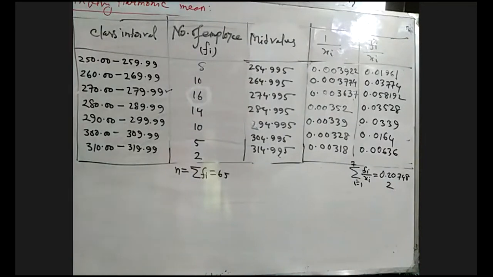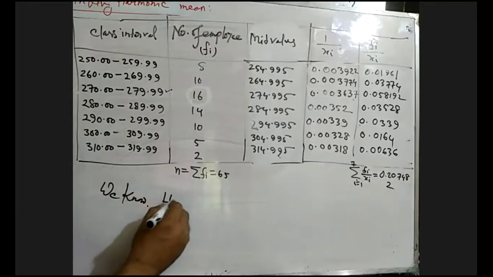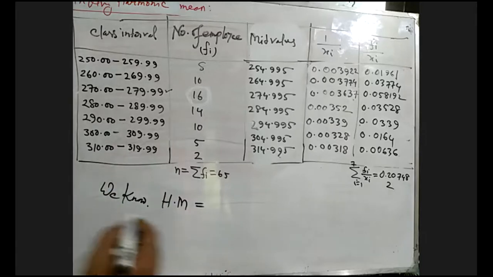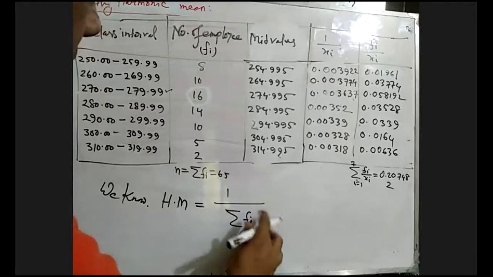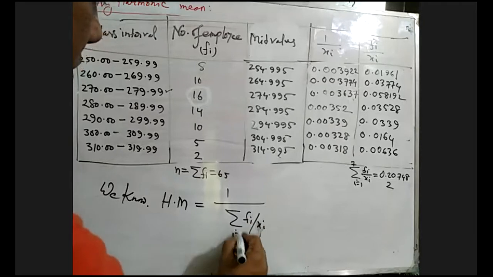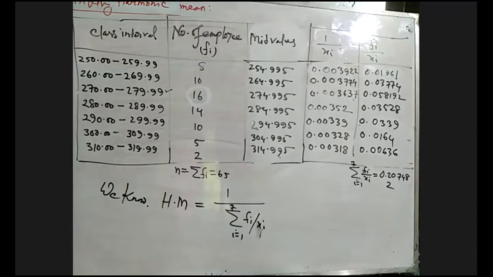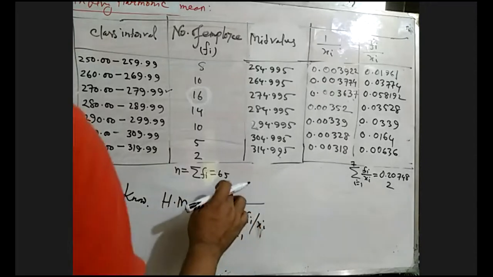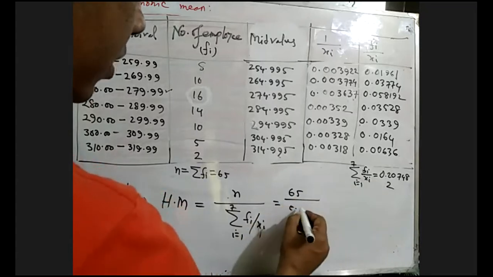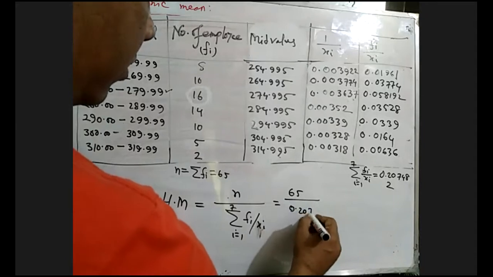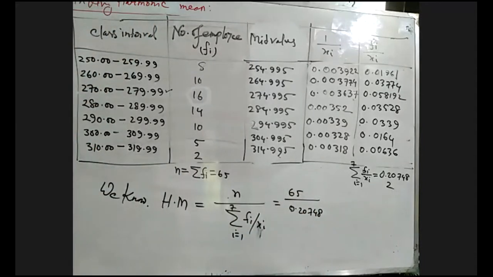Now we know the harmonic mean equals 1 divided by summation fi divided by xi, i equals 1 to 7, and this will be, sorry, n divided by, where n is 65 here, and the summation will be this 0.07482.